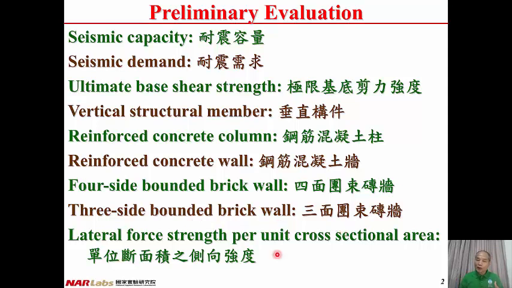Lateral force per unit cross-sectional area. In Chinese, 单位断面积强度. Once we know the lateral force strength per unit cross-sectional area and the cross-sectional area of the vertical member, we can calculate the lateral force strength of the member.